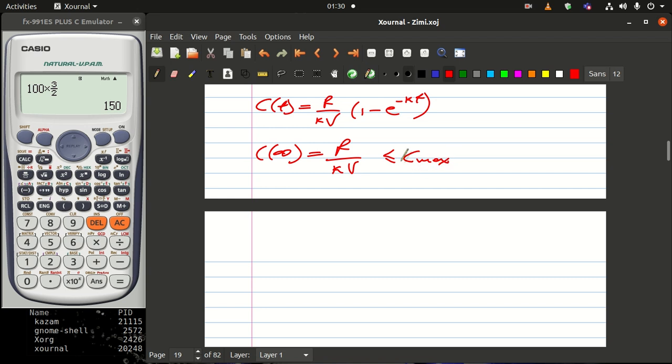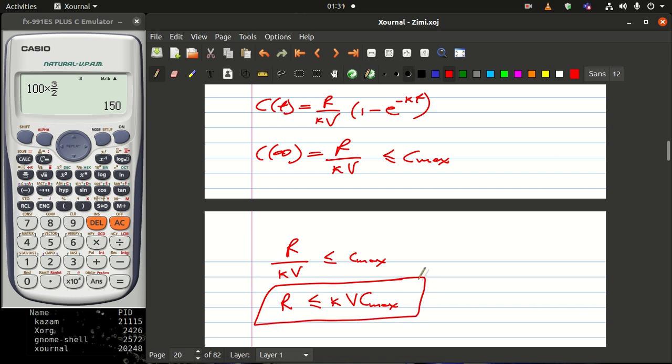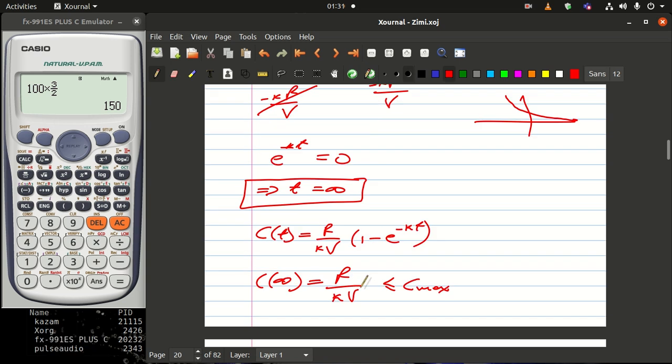Below means less than. So we have r over kv less than or equal to Cmax. If I want to solve for R, I cross multiply: R must be less than or equal to Kv times Cmax. That is what they were looking for, the infusion rate R.